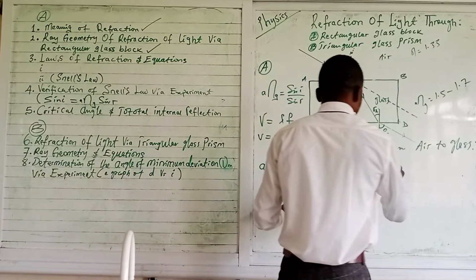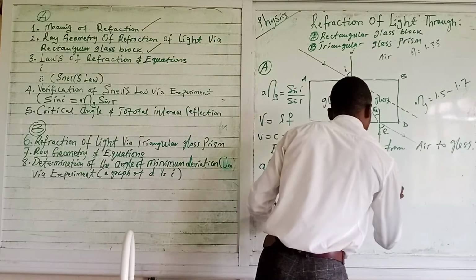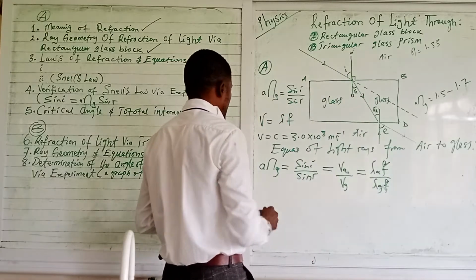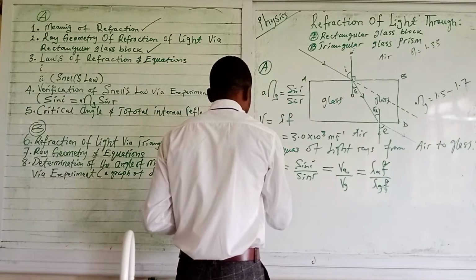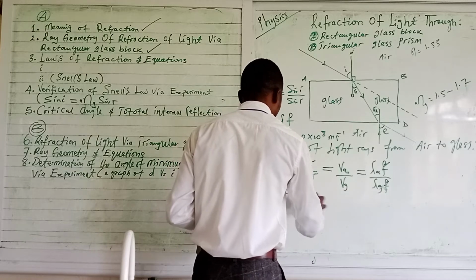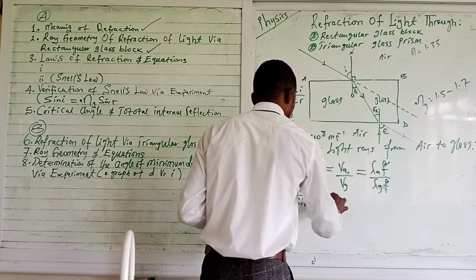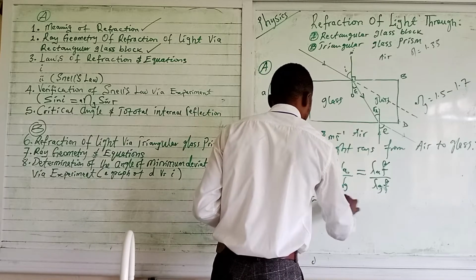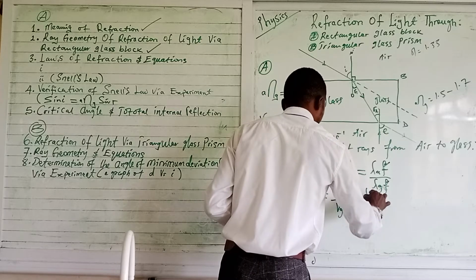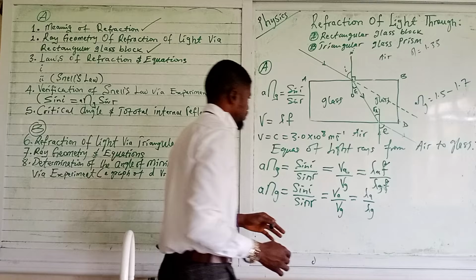In this case, the frequency strikes out, and we are left with the refractive index of air to glass equal to sine I over sine R, equal to V air over V glass, equal to lambda air over lambda glass.